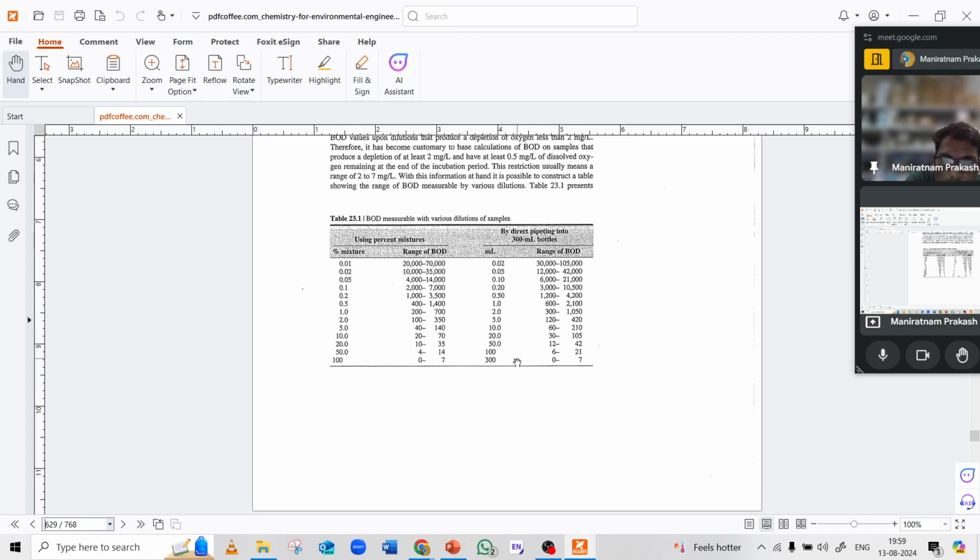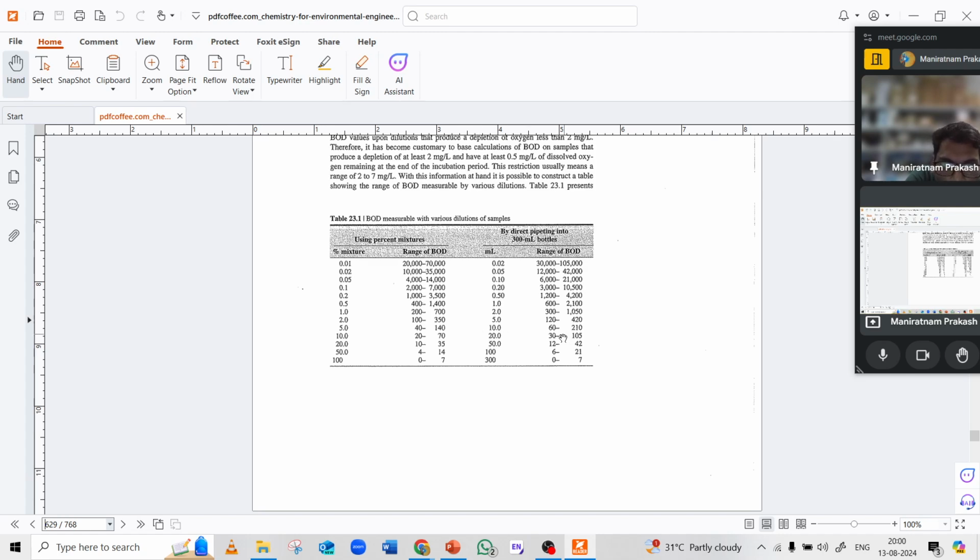Suppose you have done your COD experiment, and you come to know that your COD is maybe 400. So obviously your BOD will be less than 400. You have to select from here, as it will be below 400, so you dilute in such a way that it is below 400 only.